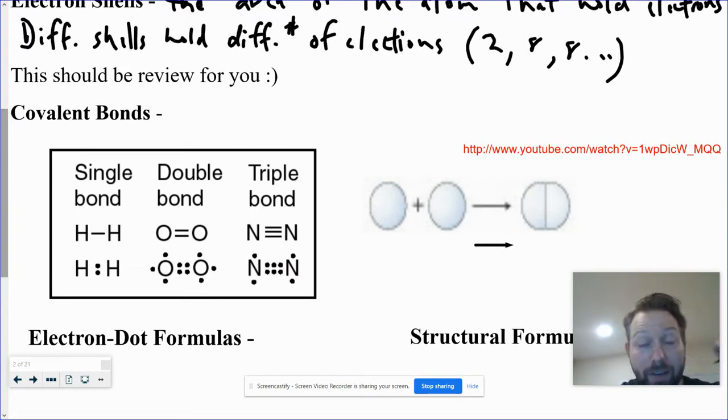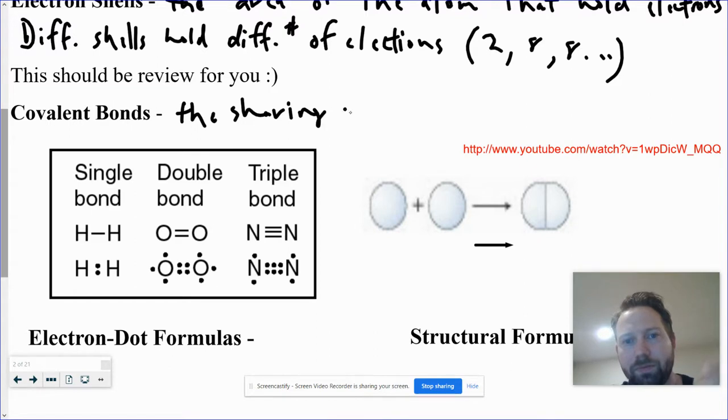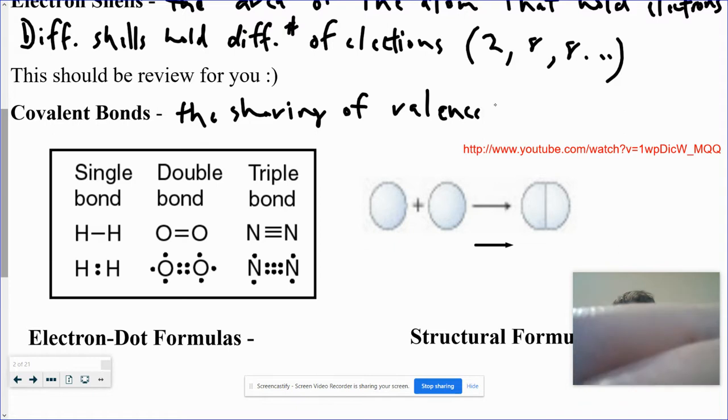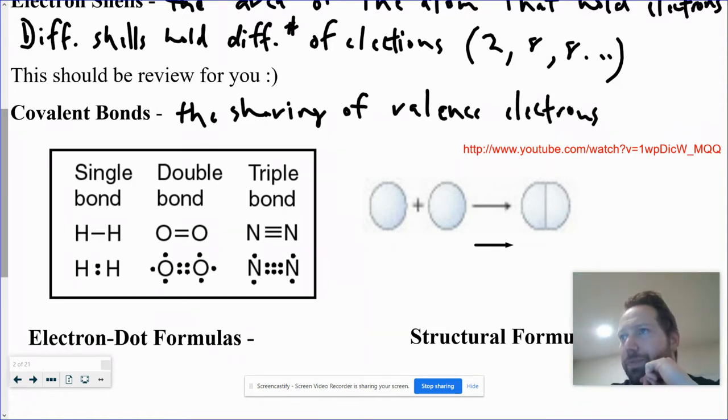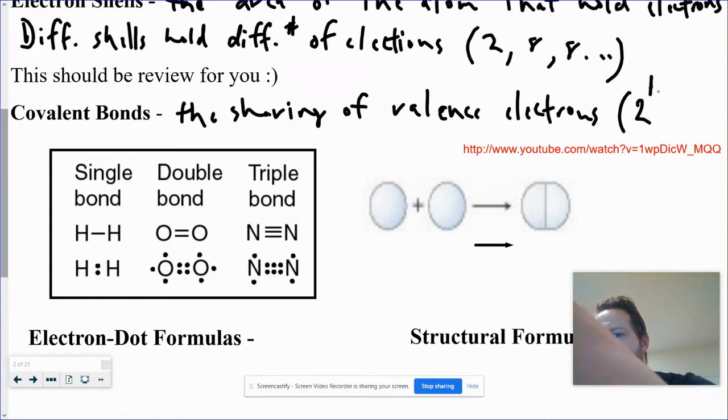So when we're talking about carbons and hydrogens specifically, we're really talking about the sharing, which is a covalent bond, the sharing of two, or a pair, of valence electrons, in particular between two atoms.